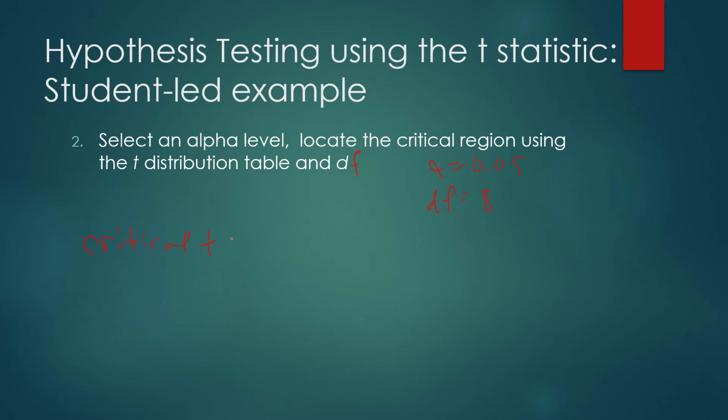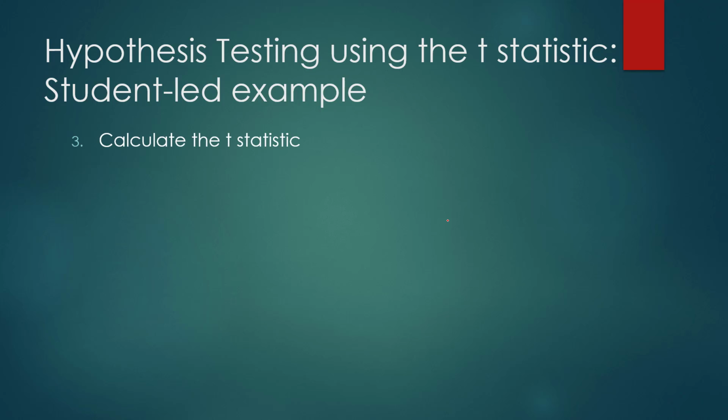So the critical t, we said, was 2.306, and we got that by using our alpha level and our degrees of freedom and looking at that t distribution table. Now we need to calculate the t statistic. In order to do that, we have to have some formulas.